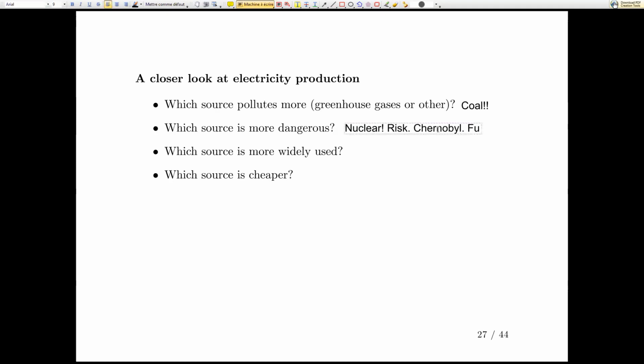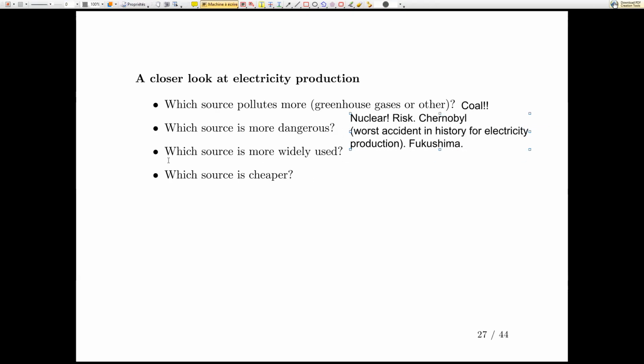Or Fukushima? So Chernobyl. Electricity production. All right. Which source is more widely used?